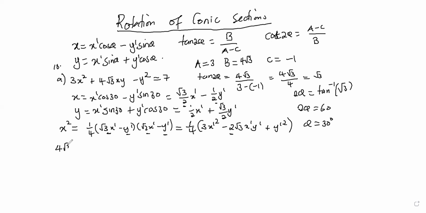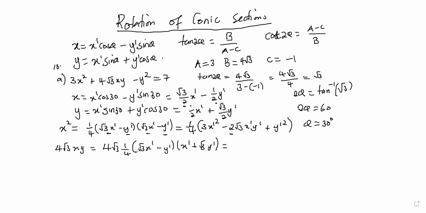4 root 3 xy. So that would be 4 root 3. From x and y, again, we have a half that's common. So when you factor out from both, it will come out as 1/4. And then we'll remain with root 3 x prime minus y prime multiplied by x prime plus root 3 y prime.